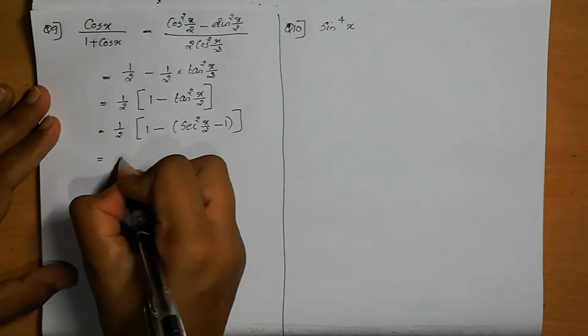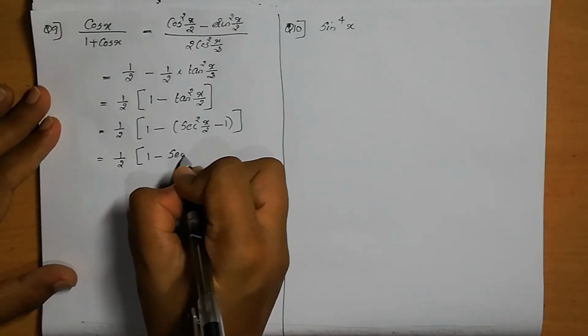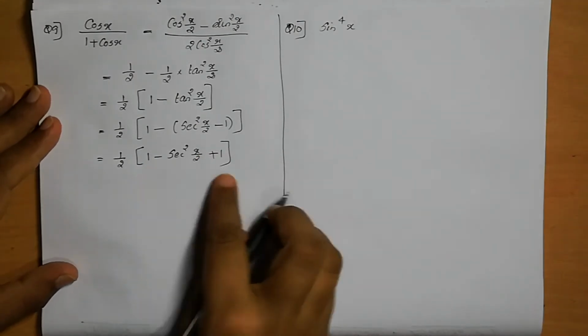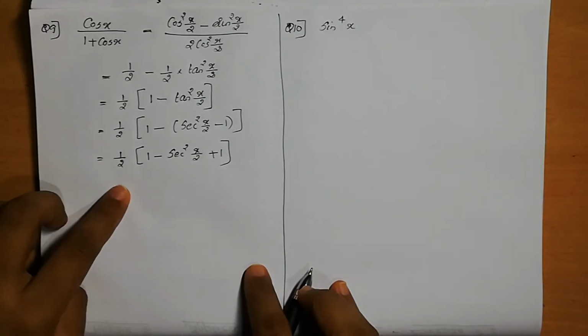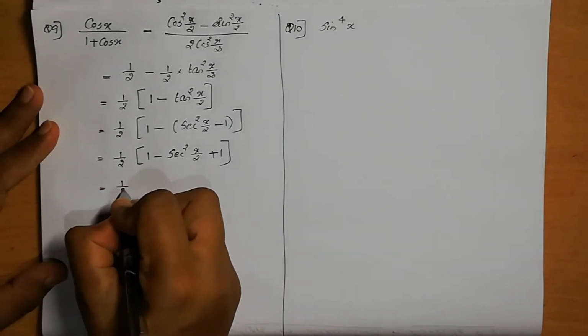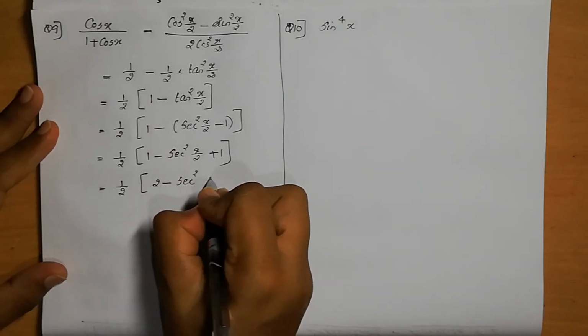So we are opening the bracket, and we will get 1 by 2 into 1 minus secant square x by 2 plus 1. That means 1 plus 1 is 2, 2 minus secant square x by 2 we will get.